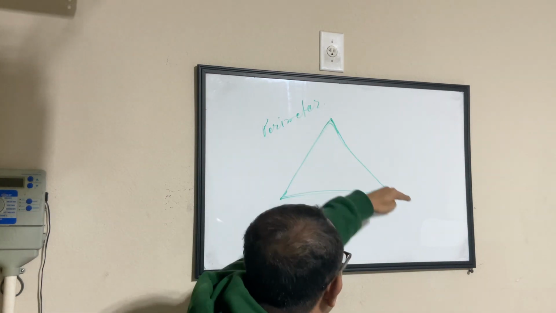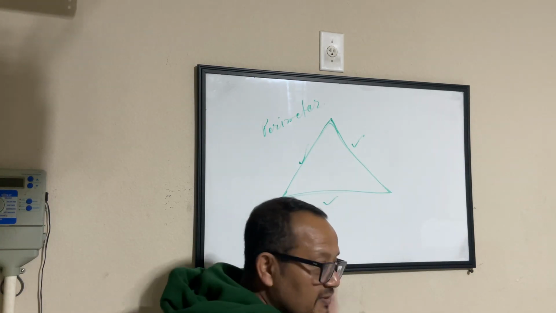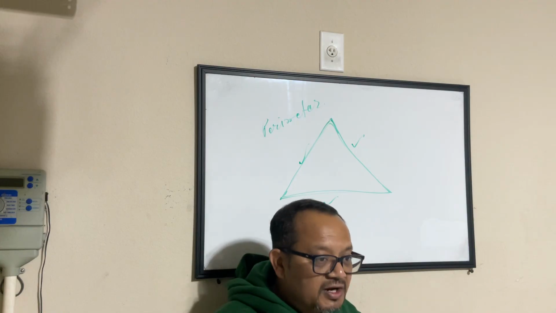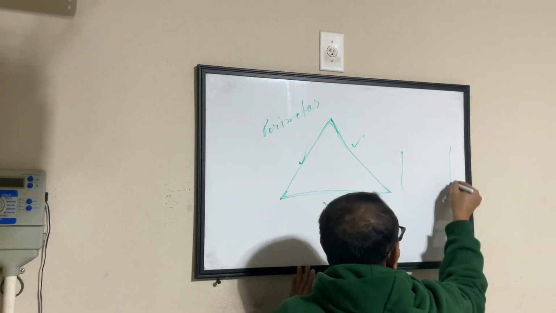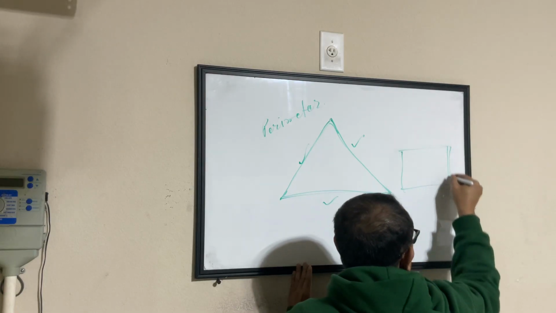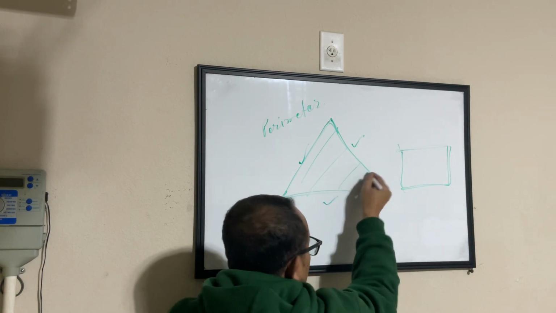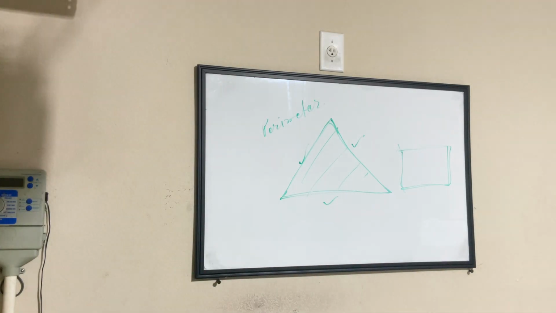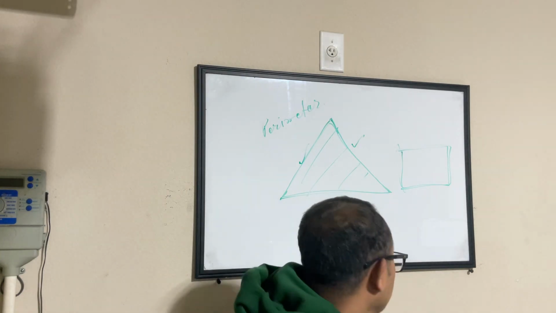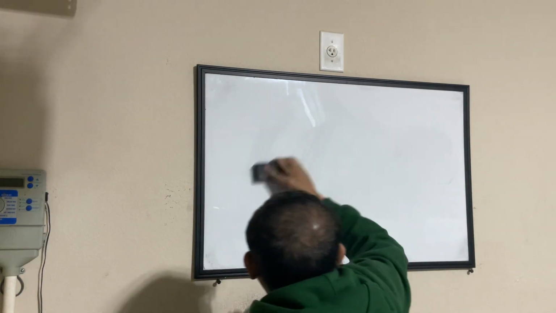Basically, the length of the entire boundary. So this side plus this side plus this side together will be my perimeter. Be it for a rectangle, a triangle, or a circle, everything. If I talk about perimeter, I am talking about the length of the entire boundary. If I am talking about area, I am talking about the space that it takes. So that's the basic difference between the two terms that you will come across 1,000 times, if not 10,000 times. So that is the basic understanding of area and perimeter.